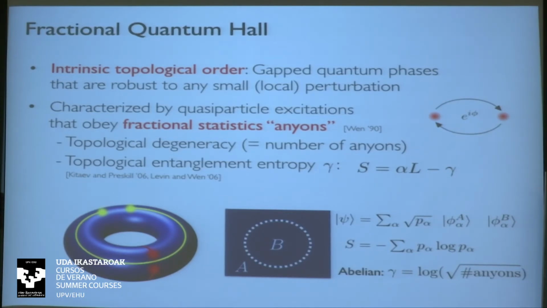In particular, for some simpler type of topological order, namely where the anyons are so-called abelian anyons, this topological entanglement would just be the logarithm of the total number of the anyons. Good. So this gives us some quantities that we can look at for characterizing different types of topological order.